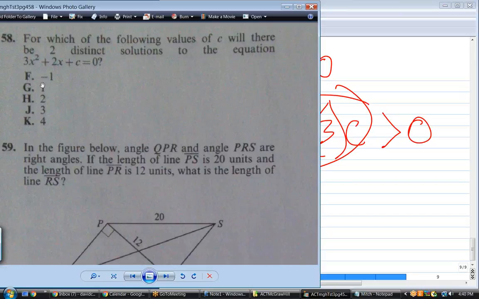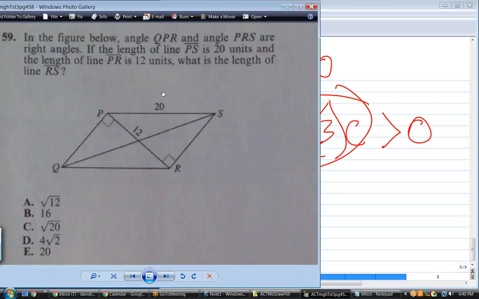You can basically rule it out, because if they were talking either one, all 5 answers work. So you have to assume they're talking real, because to produce two real solutions, the only way you can do that is if C is negative.